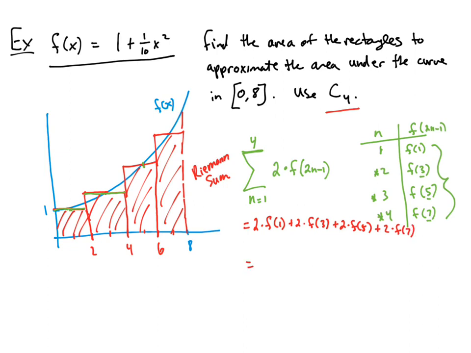I'm going to factor out a 2 from each of these. So I'm just going to add f of 1, f of 3, f of 5, and f of 7. So f of 1 is 1.1, f of 3 is 1.9, f of 5 is 3.5, f of 7 is 5.9, and then simple arithmetic from there, we end up with 24.8.